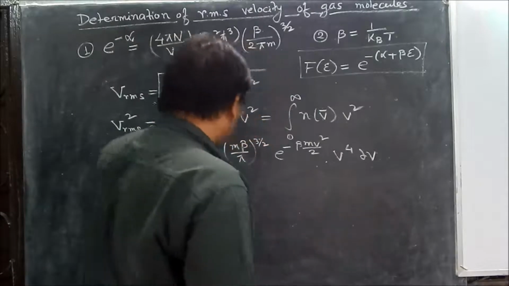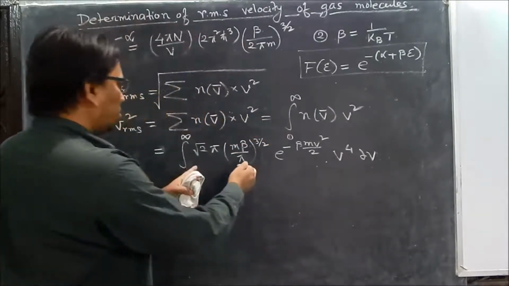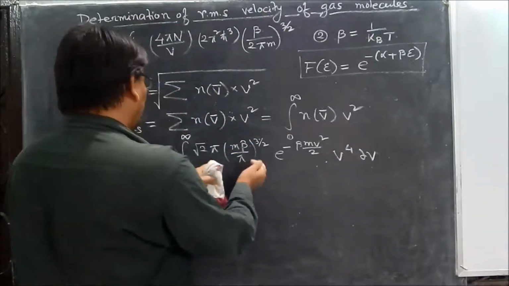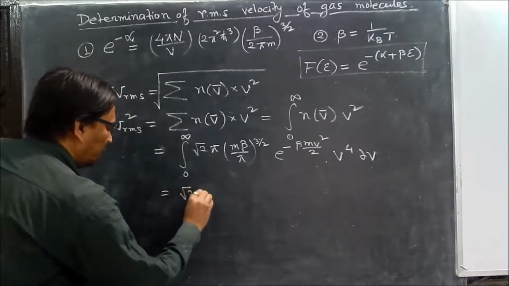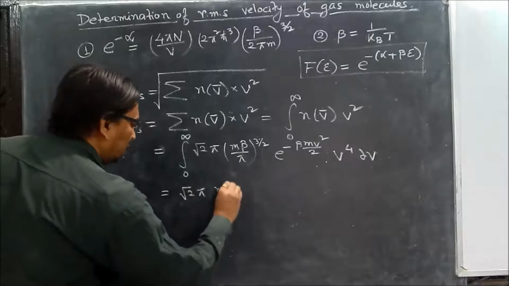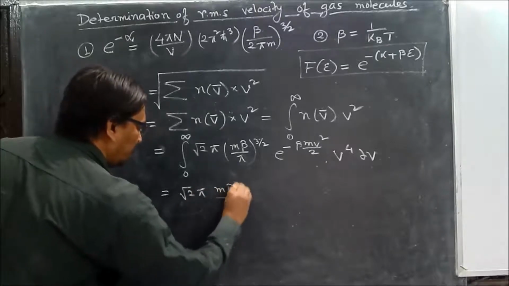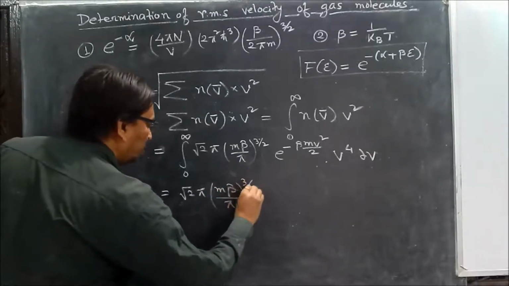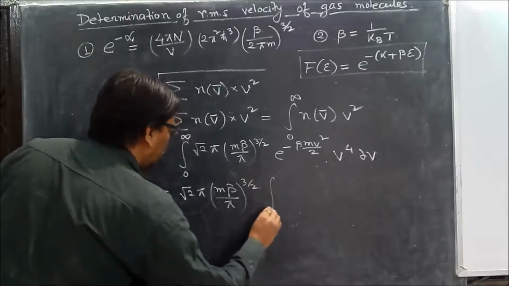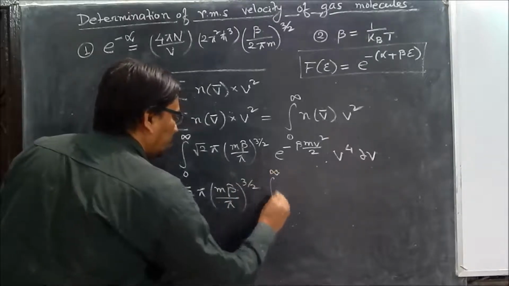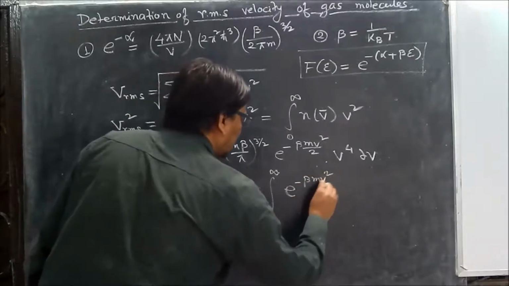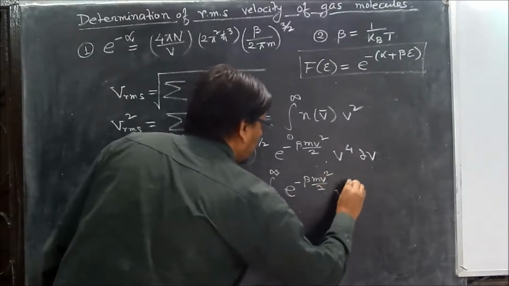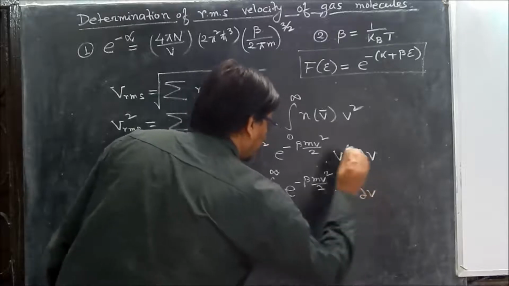Notice that these terms are constant, so they will be taken outside the integral. So this will be root under 2 pi, m beta by pi whole to the power 3 by 2. You have to do the integration of only this part: e to the power minus beta mv square by 2 and v to the power 4 del v.